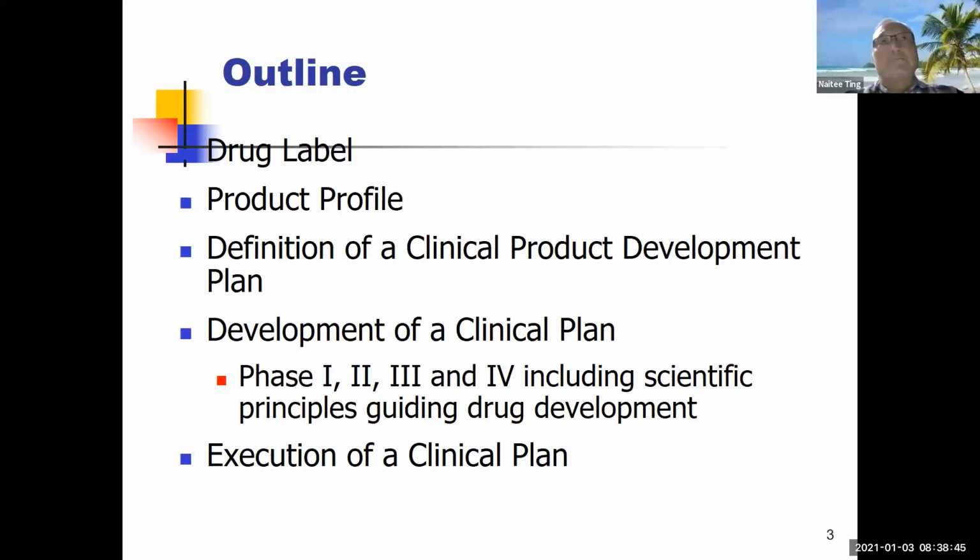The reason we have to spend so much is that most drugs fail. We go through the entire drug development process, starting from preclinical, then clinical, phase 1, phase 2, phase 3, and at every stage, if the drug is not good, it fails. So there's a lot of investment in failed or non-successful drug candidates. So we spend billions of dollars to develop a new drug.